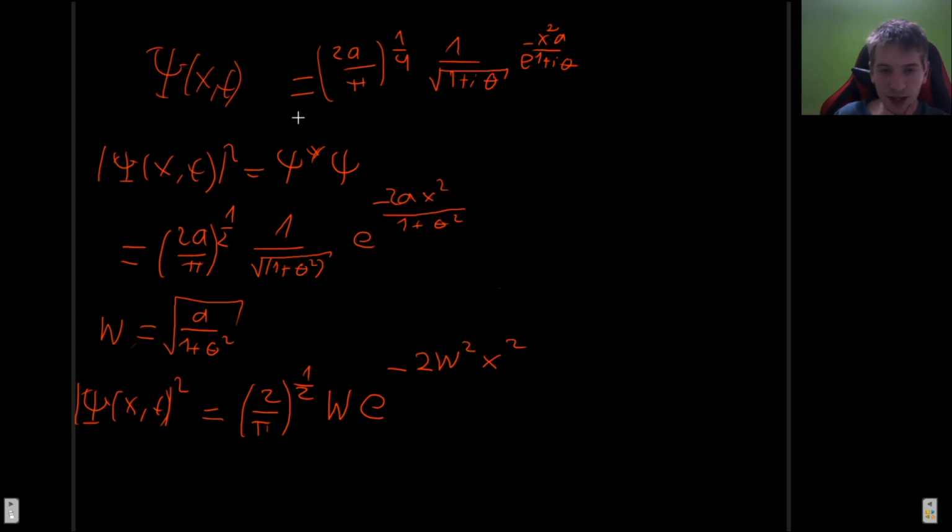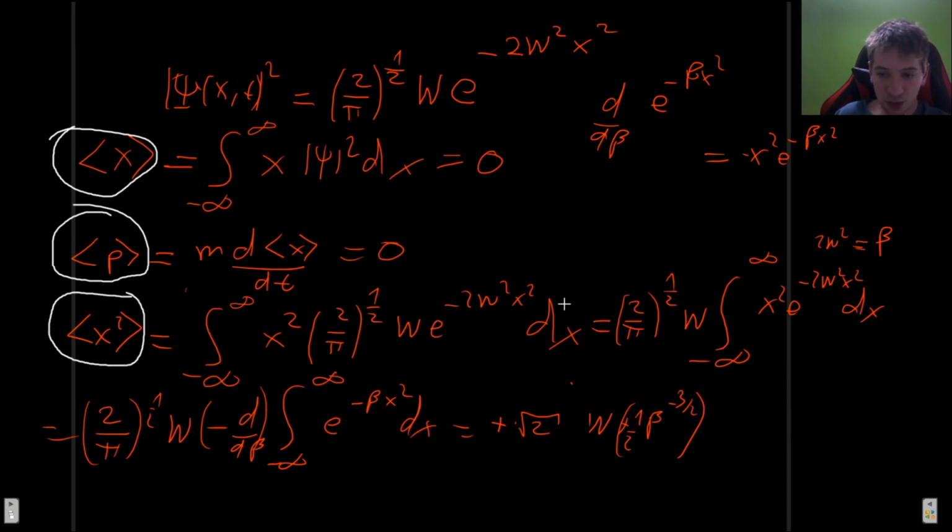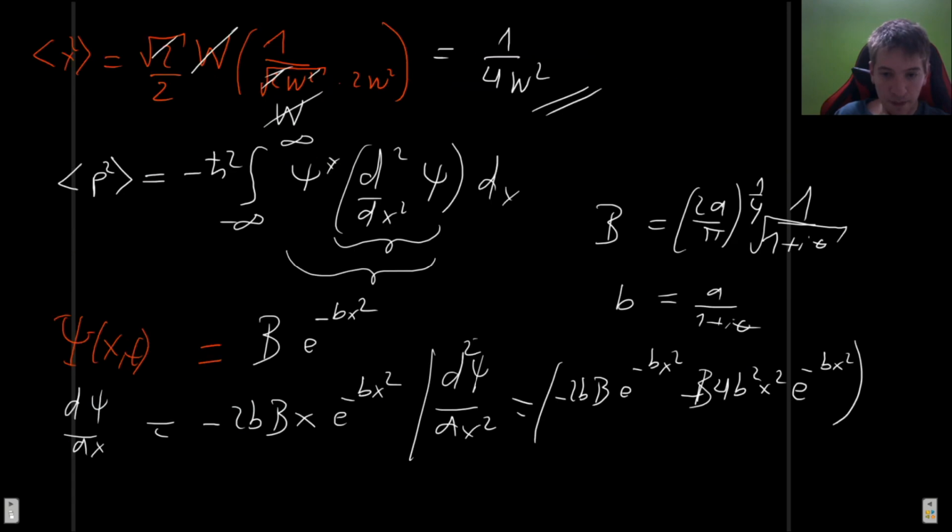With psi of x comma t, we could in practice begin finding the expectation values. But because the integrals were going to be quite nasty, it is good to determine the probability density. That's why we first determined this quantity, and then began calculating the expectation values. The expectation of x was quite easy, it was just 0. Then for x squared, we had to do some nastier integrals, and for p, we needed to determine the derivatives first.